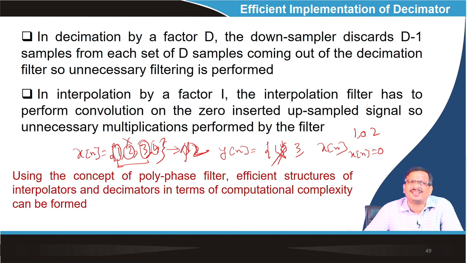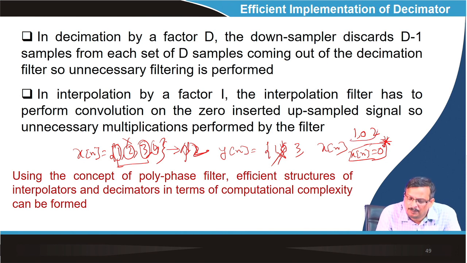So, in both cases, I want an efficient algorithm by which, in the case of interpolation, for the sample value x of 0, the filter convolution does not happen. And in the case of downsampling, for the samples which I am discarding, I should not compute those values.